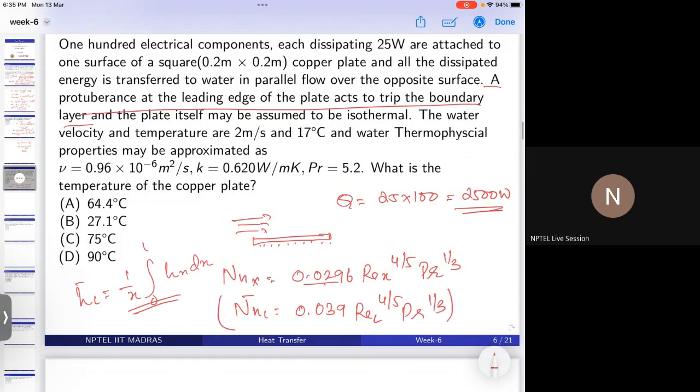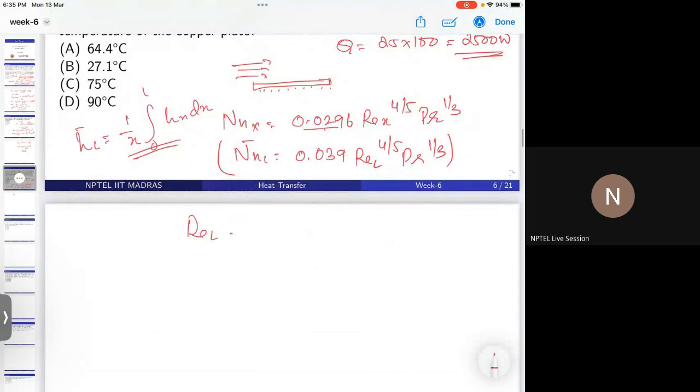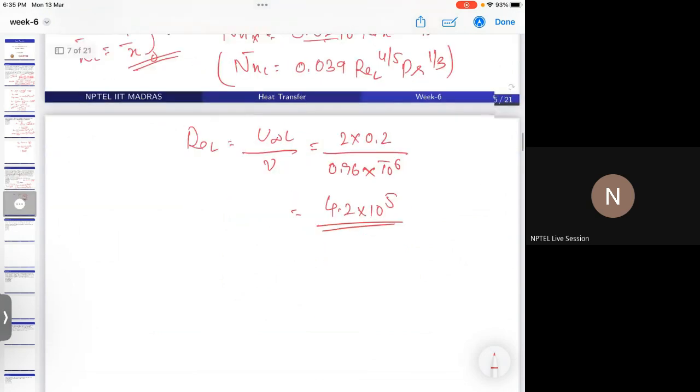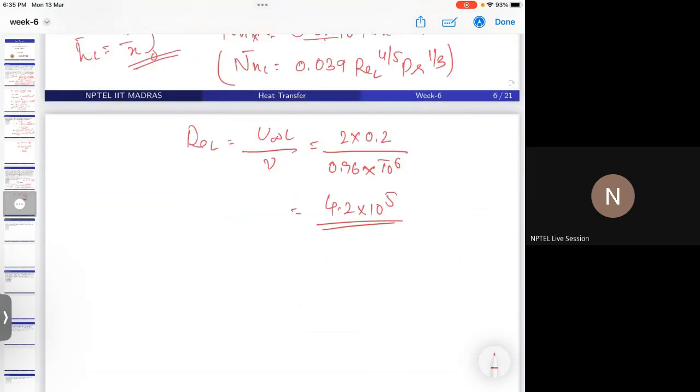I think you already found out what is the Reynolds number at L. Can you please find out? It is 4.2 into 10 to the power 5. Please put this Reynolds number value and find out what is the average heat transfer coefficient.